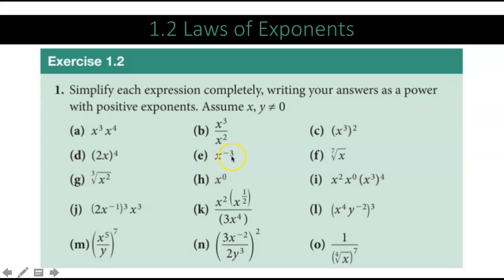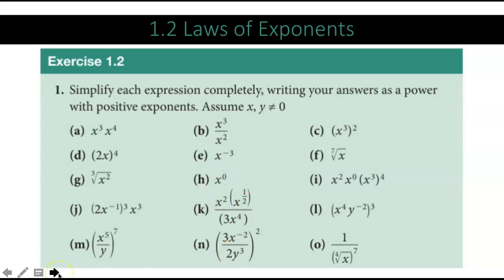Part E, x to the -3, you want to get rid of that negative exponent, so it becomes 1 over x cubed. You do the reciprocal. For part F, remember the 7 is the index, so it's the denominator, so x to the 1/7 power. For part G, x to the 2/3 power. For part H, anything to the 0 power equals 1.